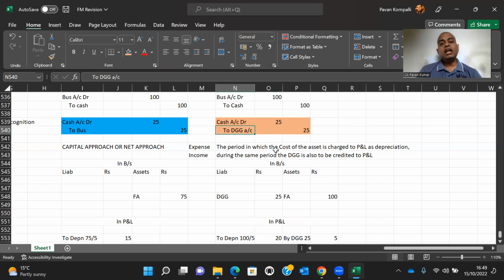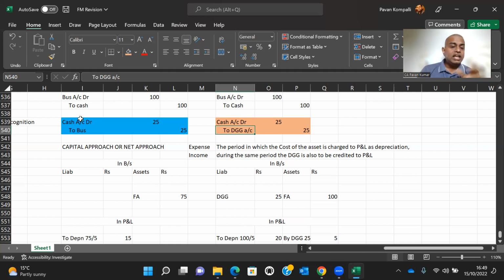At the end of the second year, because I have violated some condition, I had to refund 25 rupees to the state government. So I paid 25. But what is the book value of DGG? Originally 25, but first year recognized 5, second year recognized 5. Today the book value of DGG is only 15. But today I am refunding 25 rupees to government. What should I do? The balance should be taken to P&L, whether it is a profit or loss.